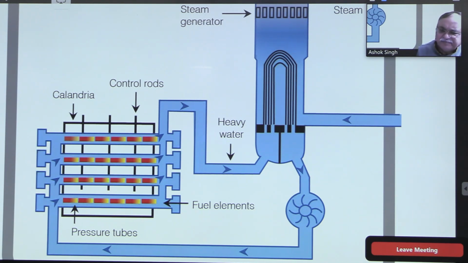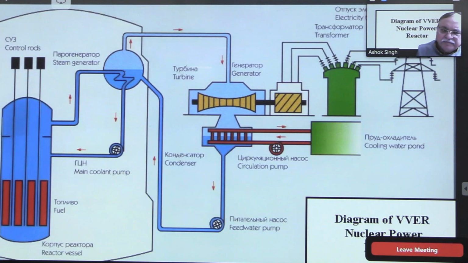Now, there are other types of nuclear reactors also. This, for example, is the diagram of a VVER nuclear power reactor. There's a reason for giving this here. India has bought VVER reactors from Russia.